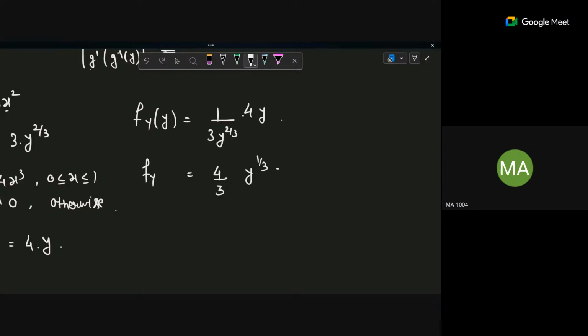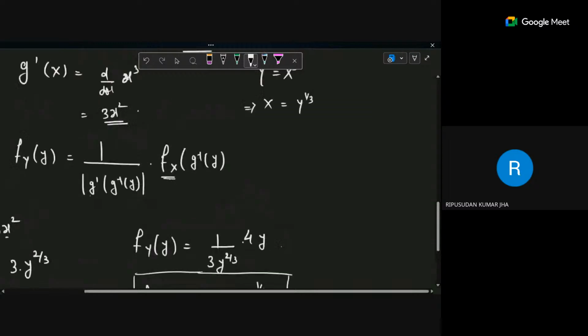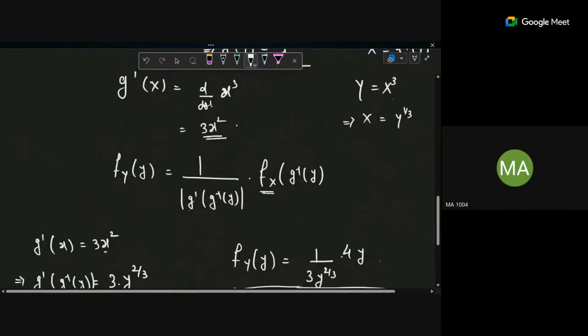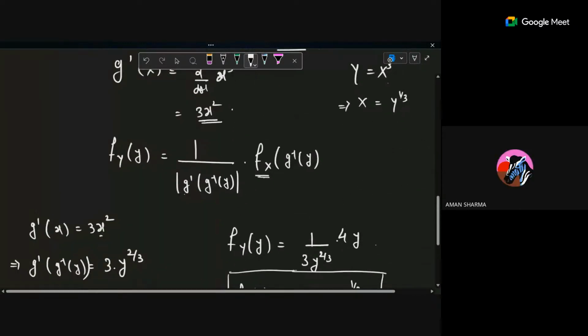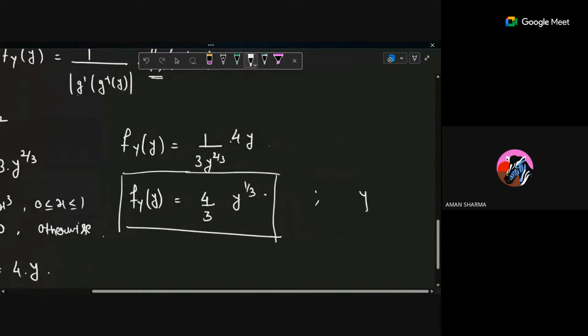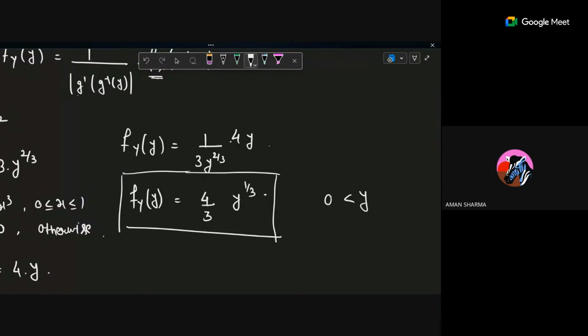Okay, so by using that theorem, this is quite easy, right? Yes, ma'am. Don't we put the g inverse in the range? Which range? In the PDF range, I think in the revision session they put it in the range. The PDF has a range from 0 to 1, right?